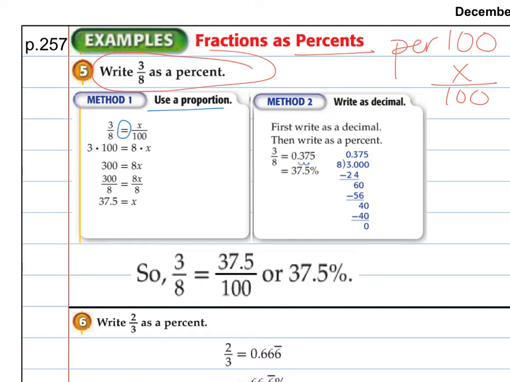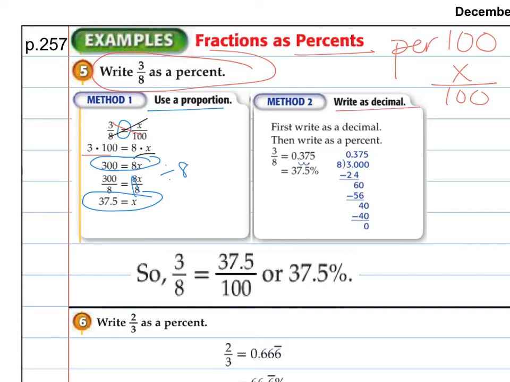So then we would use our cross products to get 300 is equal to 8x. Then we would divide by 8 to get x alone, and we find out that x is equal to 37.5. Since it's a percent, we would make sure we have the percent sign on the end.